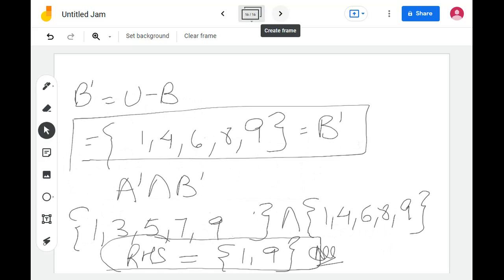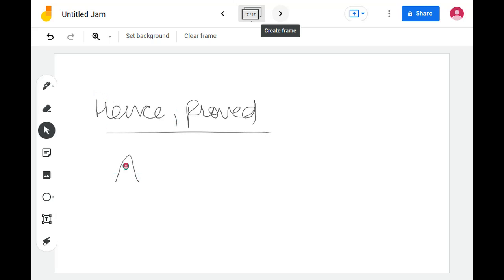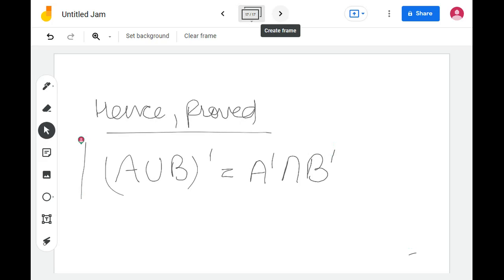So now we can say, hence proved: A union B complement is equal to A complement intersection with B complement. This is the proof. Now we are shifting to the second part of this question.